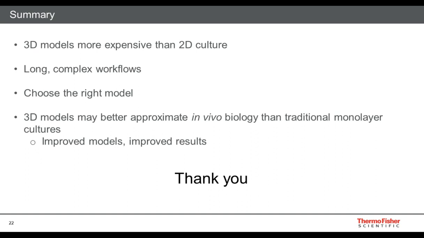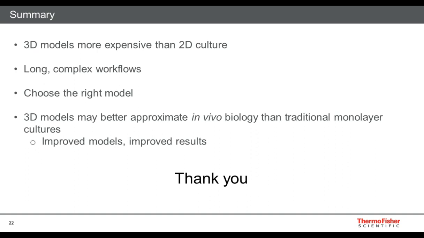Some of the limitations of these materials are that they are temperature sensitive. Once they start to warm up, they start to gel or polymerize fairly quickly, which means you have to take extra care to work with them.